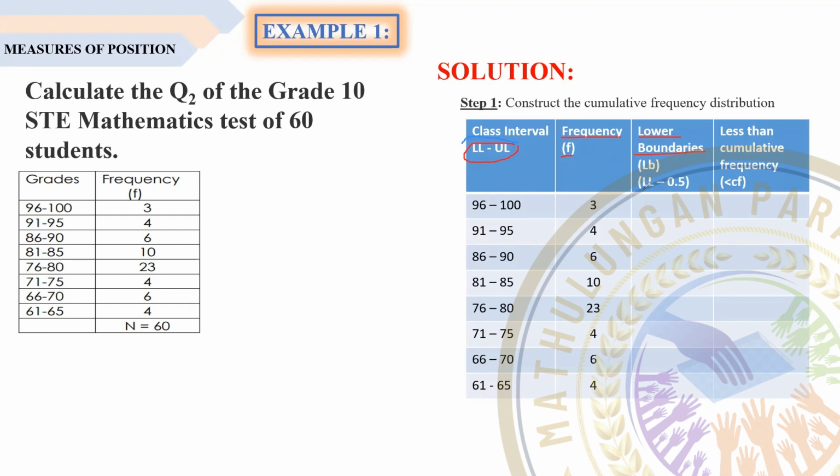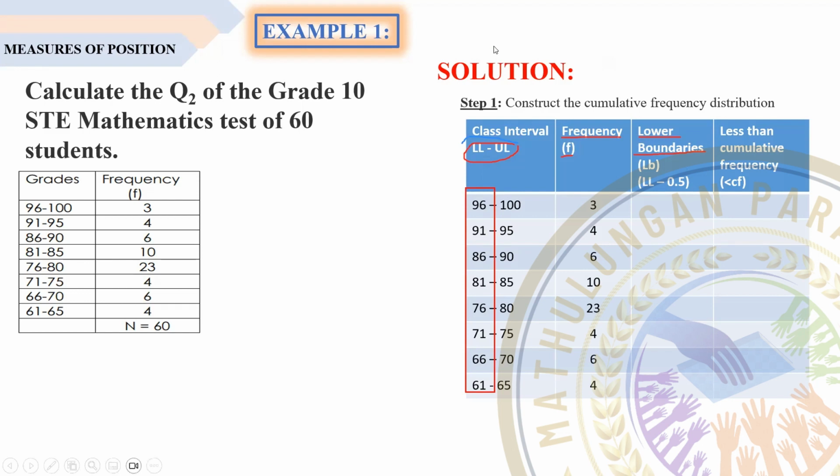Our lower boundaries are the lower limits minus 0.5. So where is our lower limit? Our lower limit is found in this part. These are what we call the lower limits. For these, we have to subtract 0.5 to get the lower boundaries.